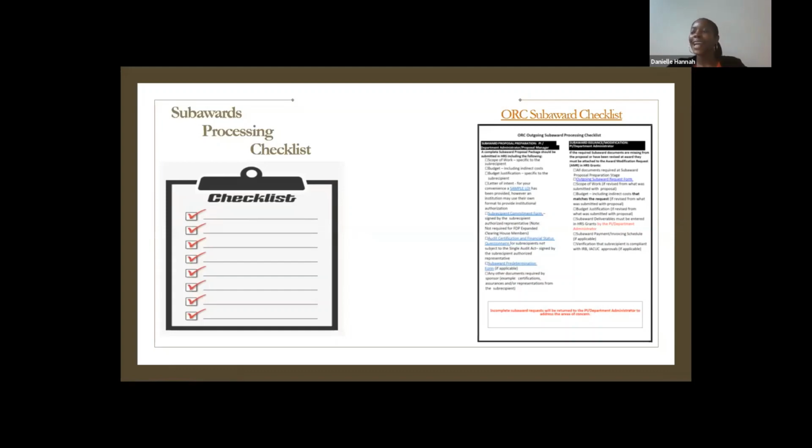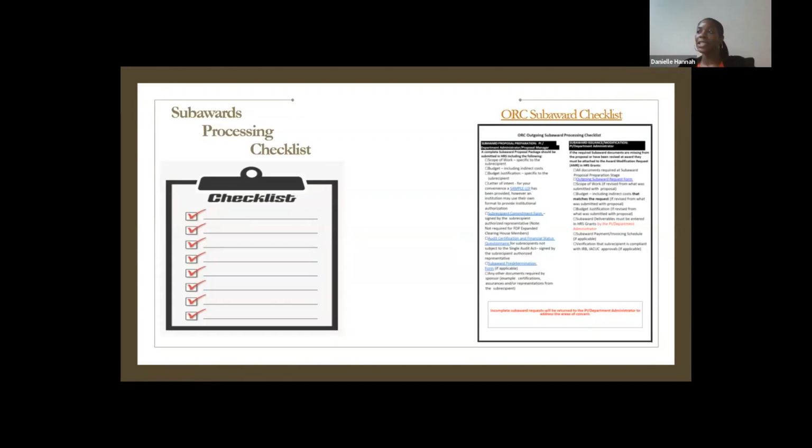And it's kind of small, so this document will be available if you guys want to see it later. But we have an at proposal stage and we have an at time of award. And we break it out by the PI, the department administrators, and proposal managers. So everyone is aware of what is needed at those times.